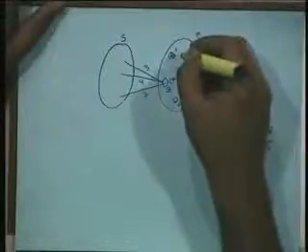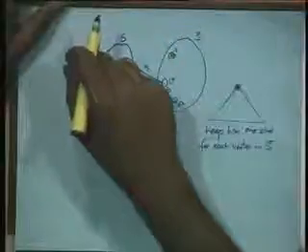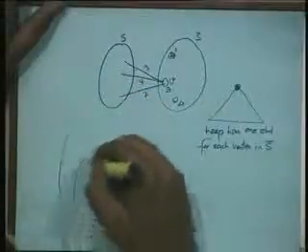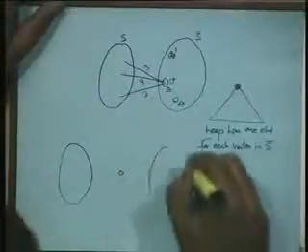So the minimum will tell me which is the minimum edge going across, and that's the vertex that I have to move across. And when I have to move across a vertex, what do I do? How do I update information? Very simple.